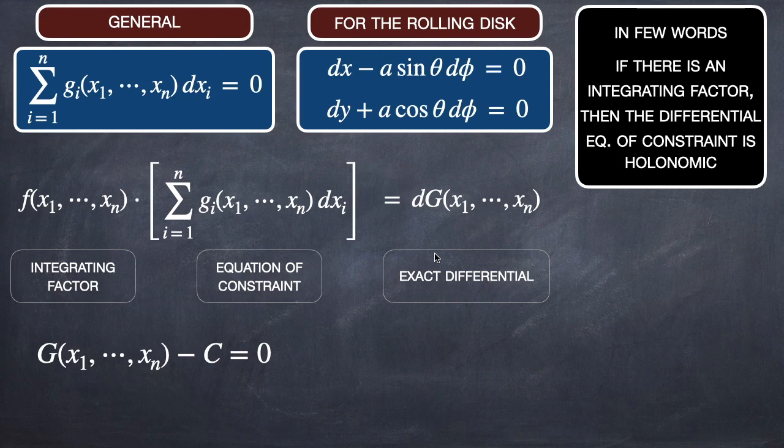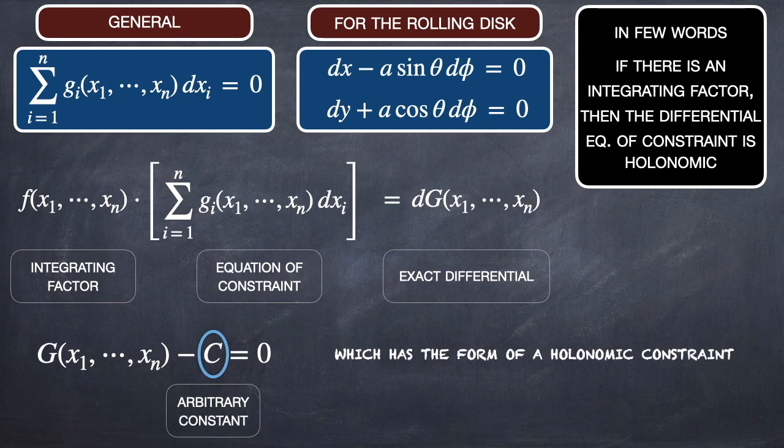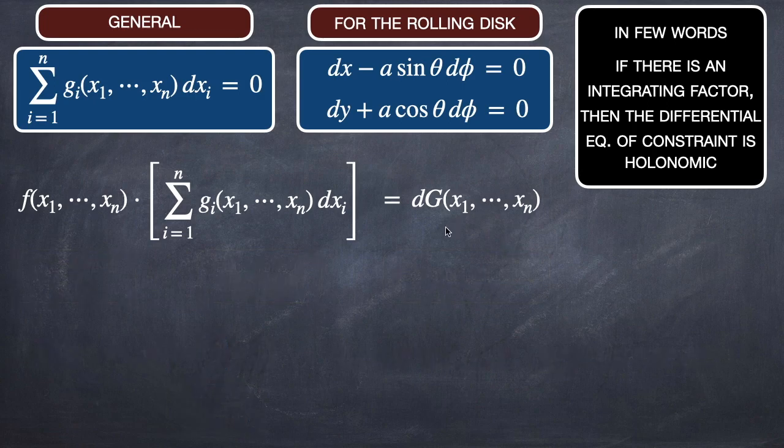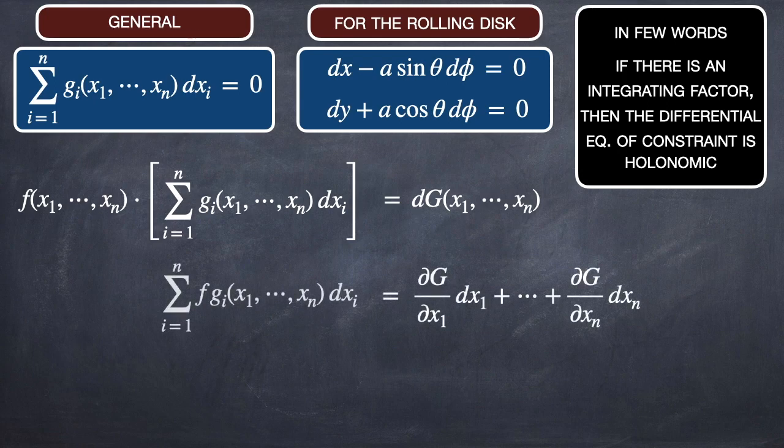If we integrate that, we would obtain a function g of the coordinates x1, x2 up to xn, and an arbitrary constant of integration. And if we write this equation in this form, we will identify that as a holonomic constraint. This exact differential, we can write as the partial derivative of g with respect to x1 times the differential dx1, and so on.